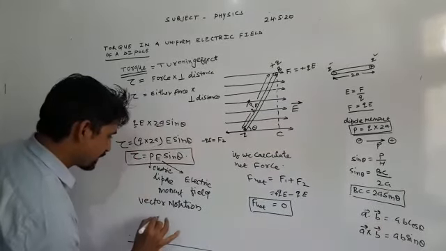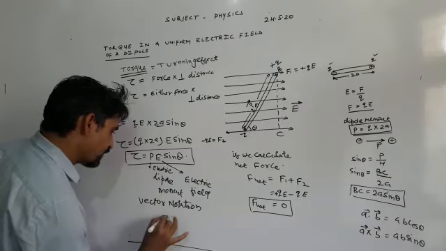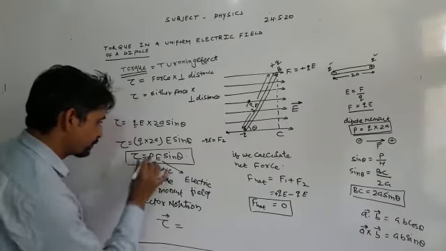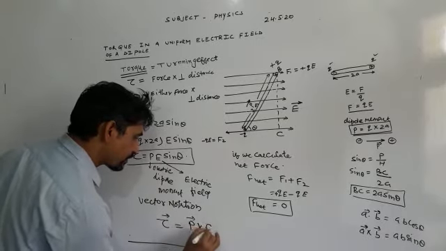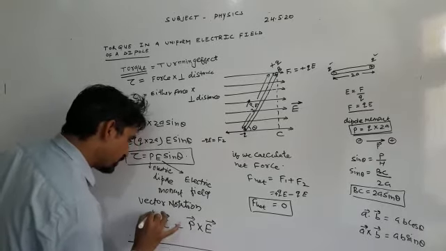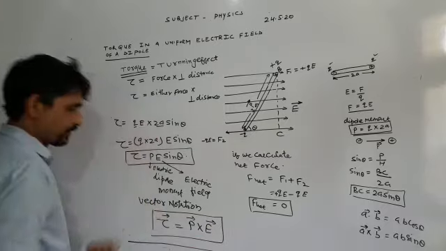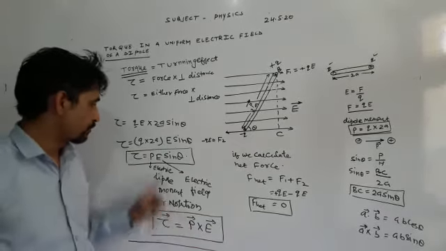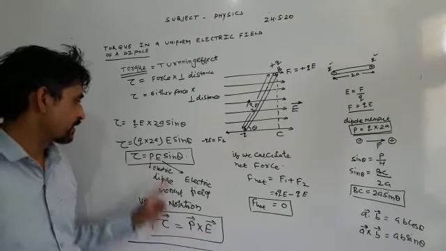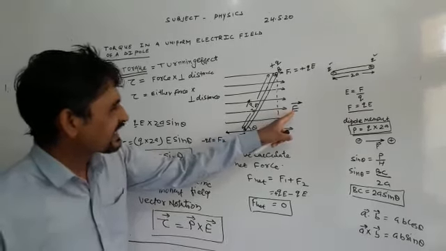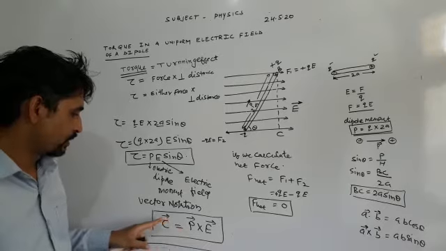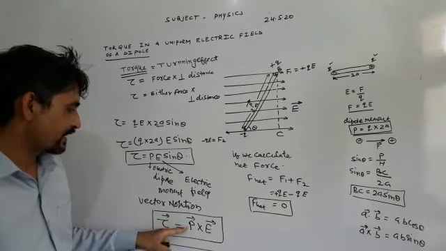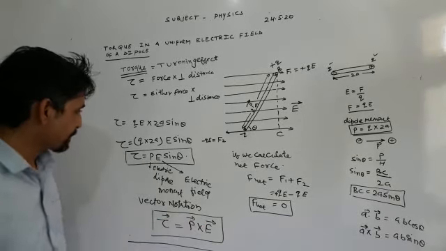So we can write tau vector equals P vector cross E vector. Theta is formed between electric field and electric dipole moment. So tau vector equals P vector cross E vector.